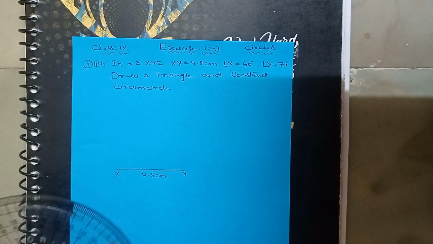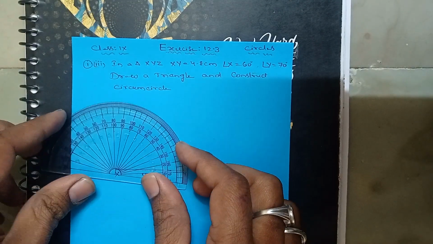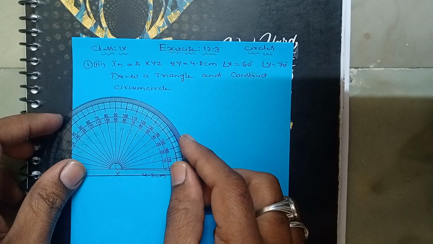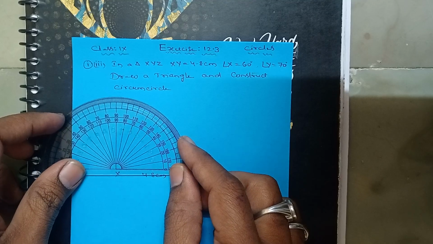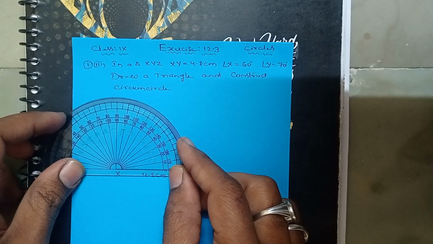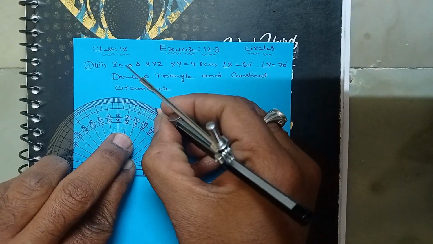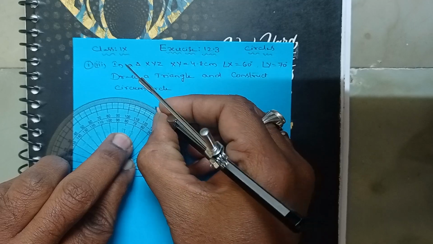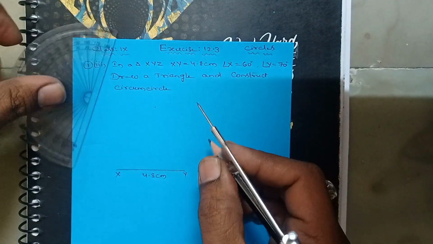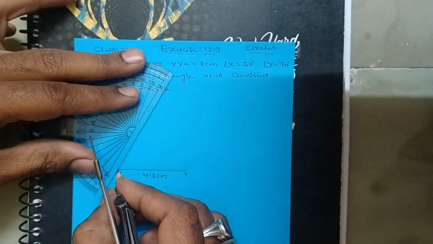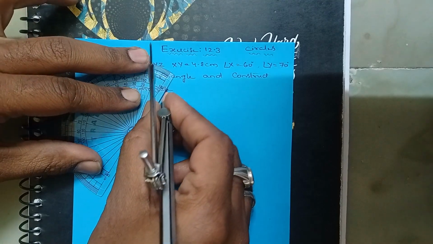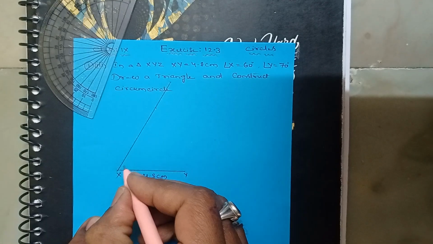Take a protractor and mark 60 degrees from the point X, students. Mark the point at 60 and join this line. This is angle 60.